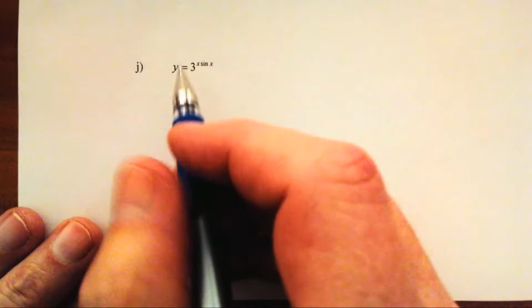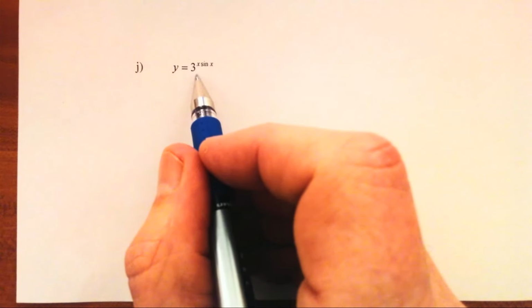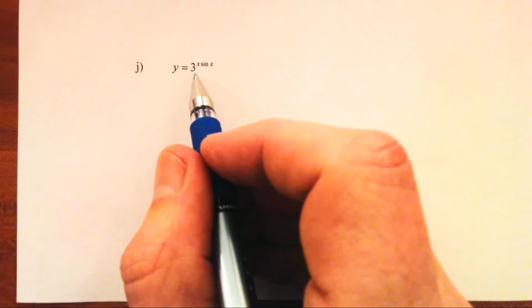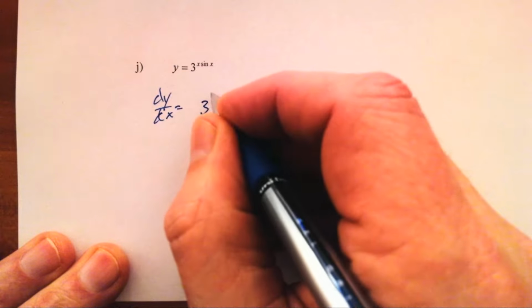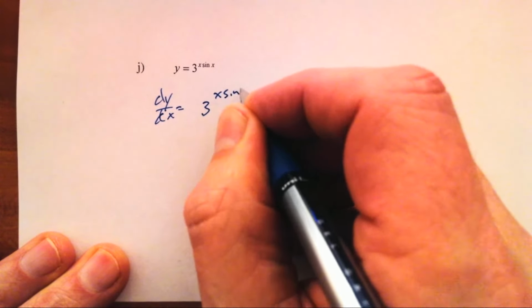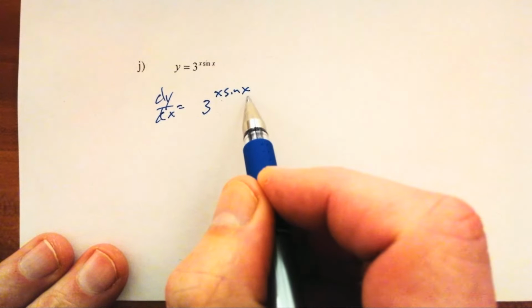Okay, J. Y equals 3 to the x sine x. Now, if this was e to the, because e is just a number like 3, but e is a special number. E is our favorite calculus number. If it was e to the, this would be dy/dx equals e to the x sine x. And then I'd have to take the derivative of x sine x.